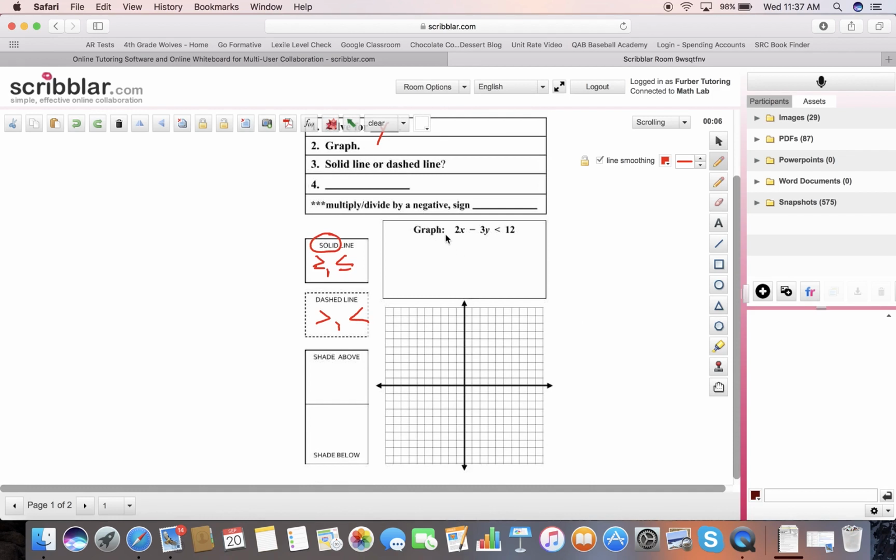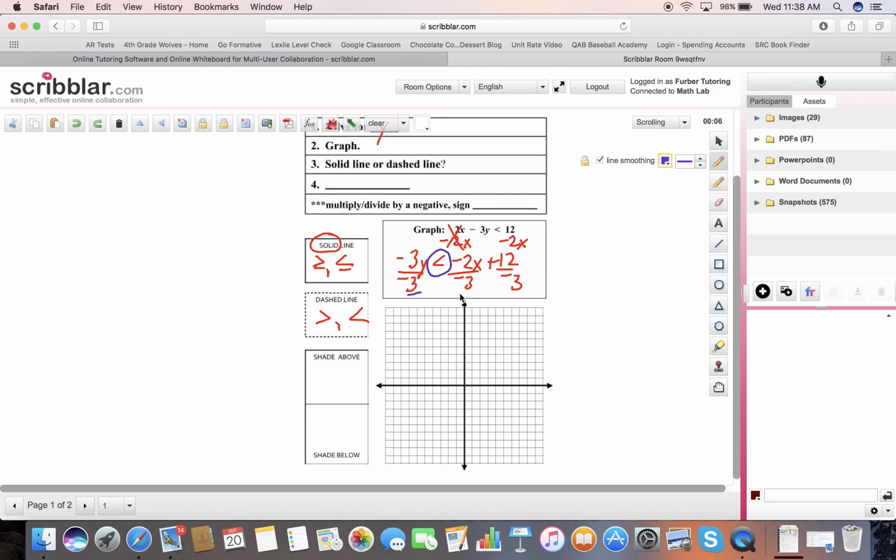So let's go ahead and solve this for y. This is a linear inequality. I get negative 3y is less than, and I'm going to put the x term first, negative 2x plus 12. And then to solve this, I have to divide by a negative 3. Now remember, this is an inequality.